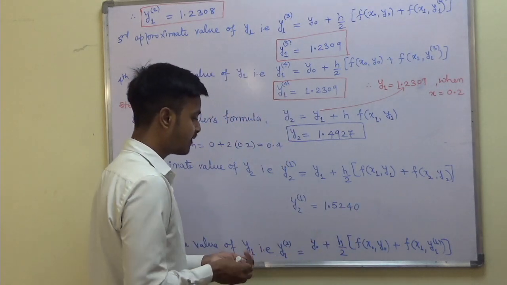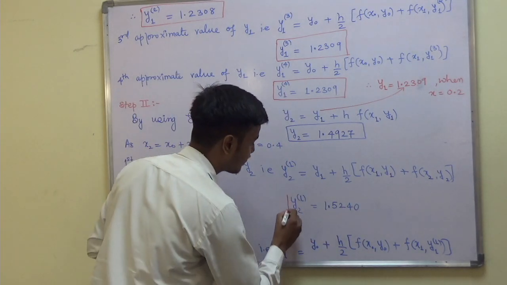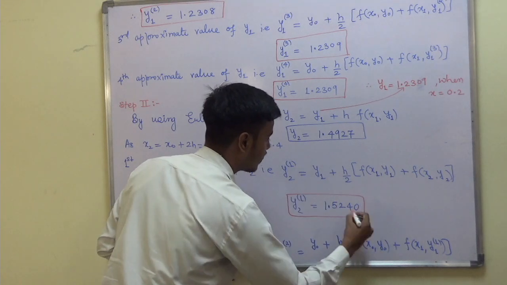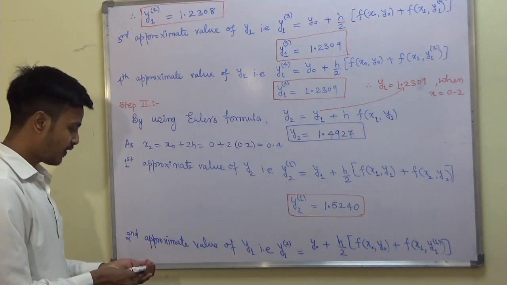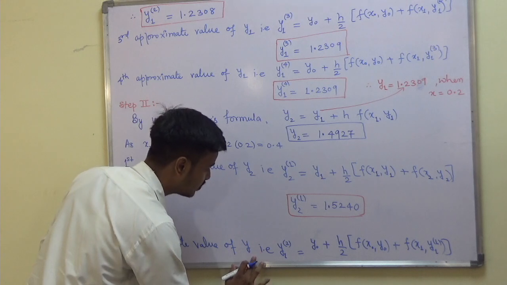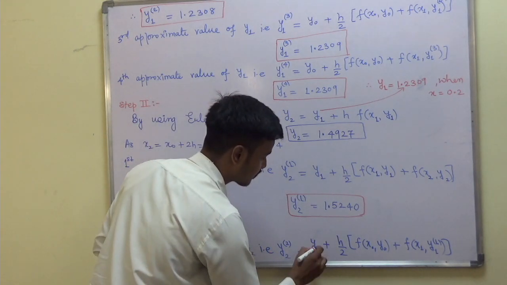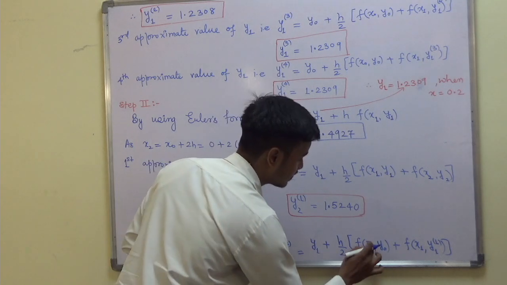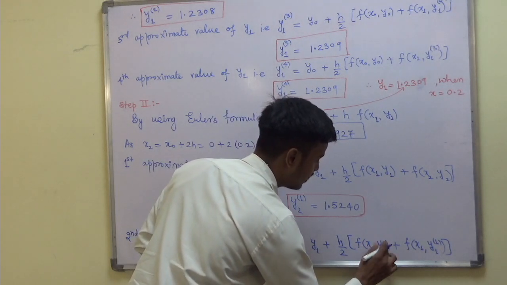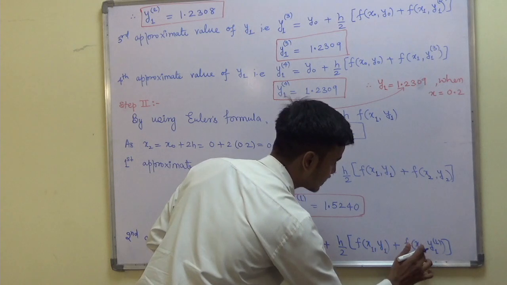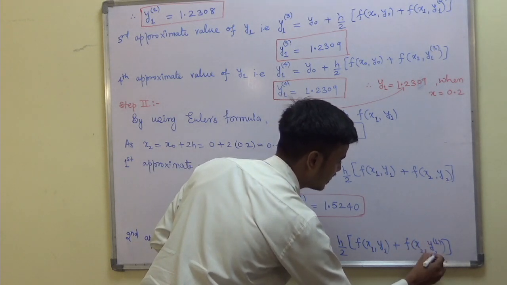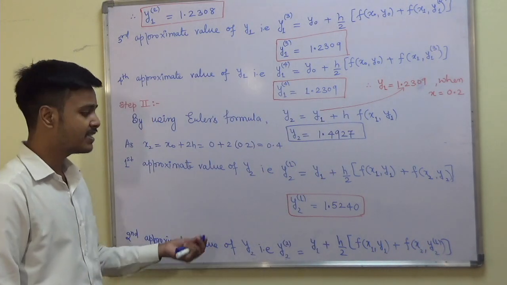Okay, so this is the value I am getting, the first approximate value for y2. Now you can go on finding the second approximate value, third approximate value if required. It's just a repetition, we are just changing the values.